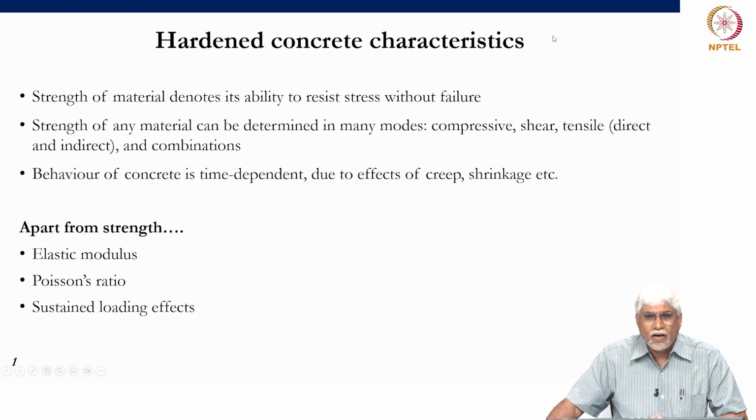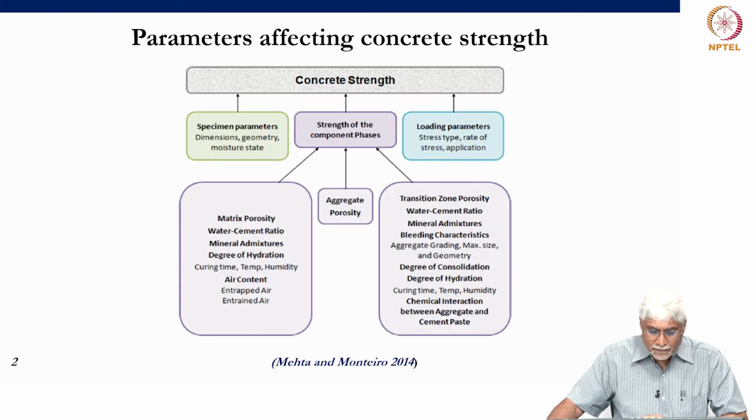Now, let's look at different aspects, especially of recycled concrete aggregates when they are put into new concrete, how they can affect the behavior, especially strength. So, here we have a sort of flow chart or a relation between the different characteristics of concrete and the properties.